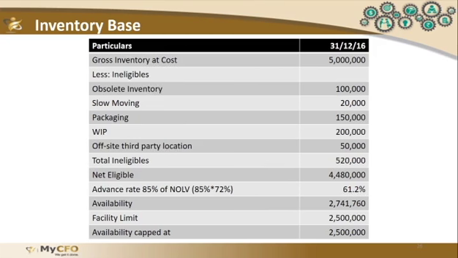In our example, it is $4,480,000. And the term sheet says that the advance rate is 85% of NOLV. NOLV stands for net orderly liquidation value. Typically in an ABL, the inventory NOLV is assigned by appraisers.